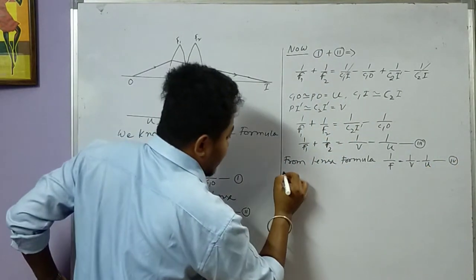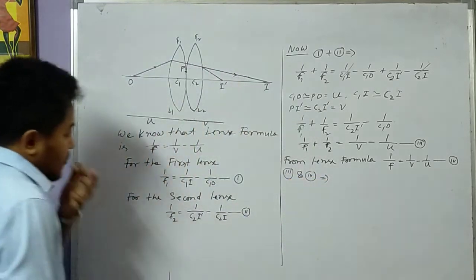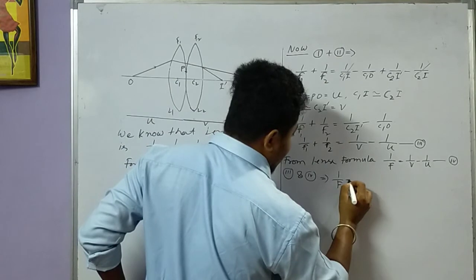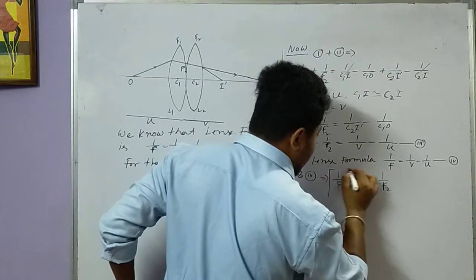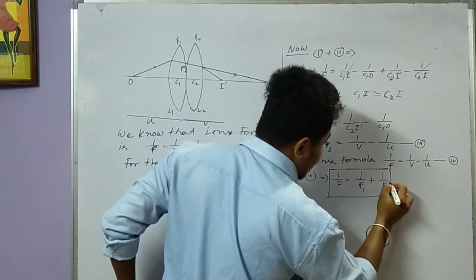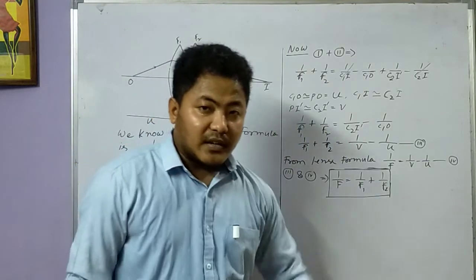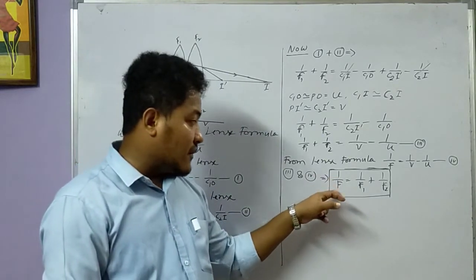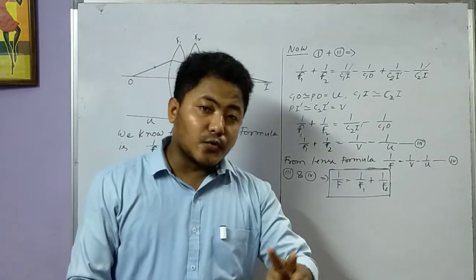Now comparing 3 and 4, we will get that 1 by f is equal to 1 by f1 plus 1 by f2, and this is going to be the equivalent focal length for two lenses in contact. That means if you combine two thin lenses together, then the equivalent focal length is 1 by f equals 1 by f1 plus 1 by f2. This is for only two lenses in contact.